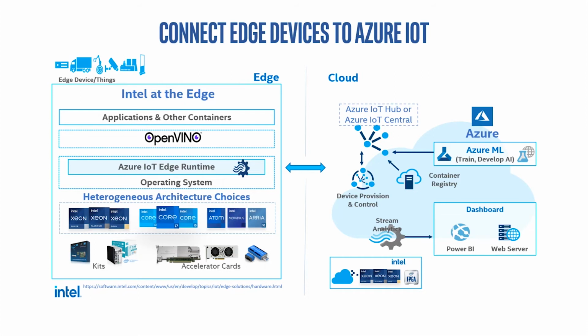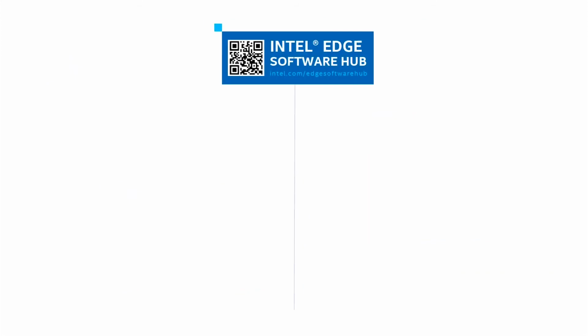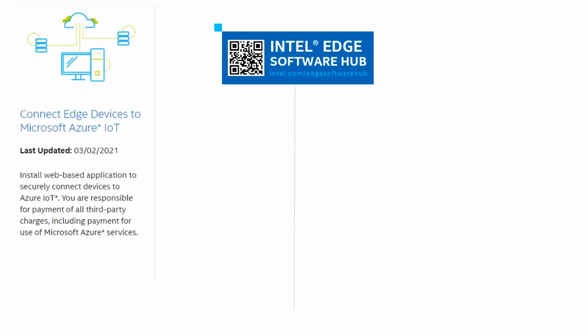With the Azure IoT Edge runtime pre-installed, the users can securely push their containers onto the devices. All these things are available as pre-validated packages on Edge Software Hub. Let's find out a little bit more. We quickly mentioned Connect Edge Devices to Azure IoT.